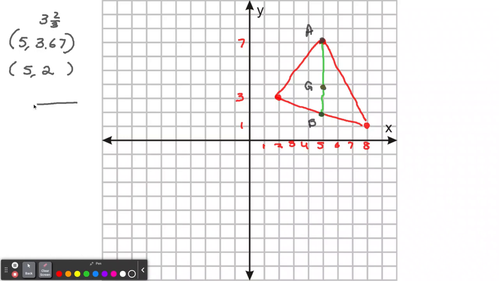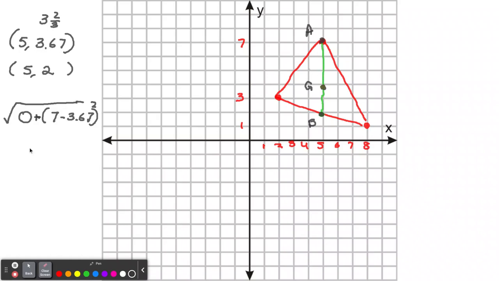So let's find the distance. Again, we don't have to deal with the x because 5 minus 5 is 0, so we just put a 0 there. 0 squared is 0. Then we add that to 7 minus 3.67, and square it. Actually, we're doing A first, so why not.